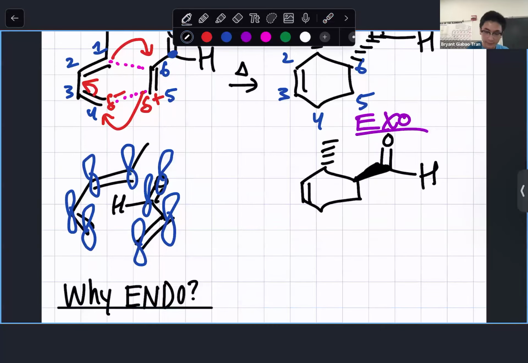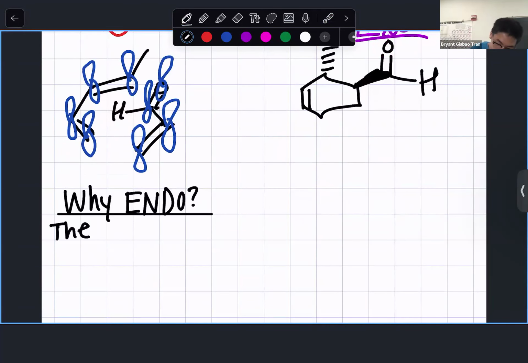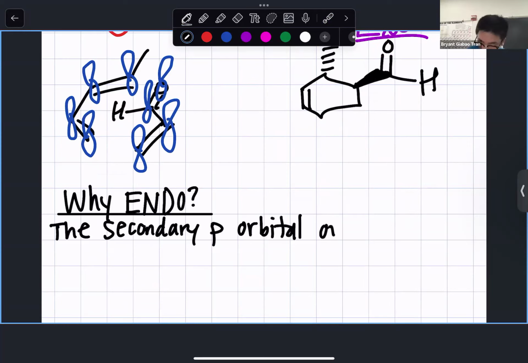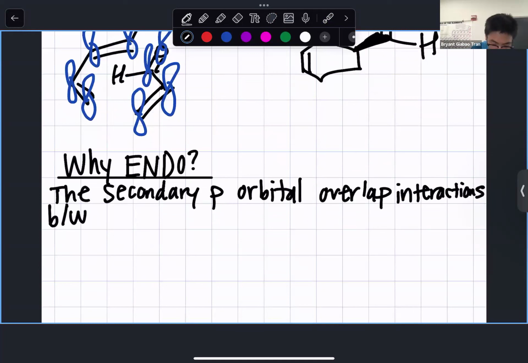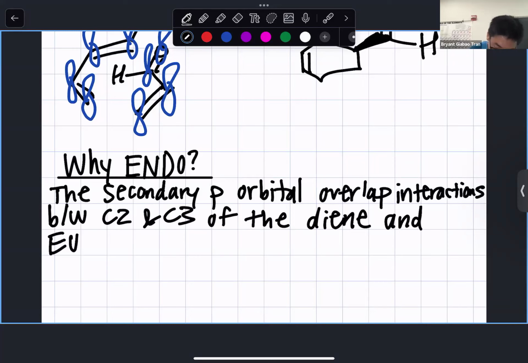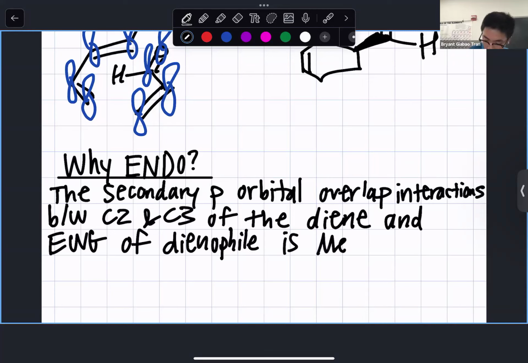So the reason why the endo product is more favorable is because the secondary p orbital overlap interactions, specifically between carbon 2 and carbon 3 of the diene and the electron withdrawing group of the dienophile, is more favorable than avoiding steric hindrance.